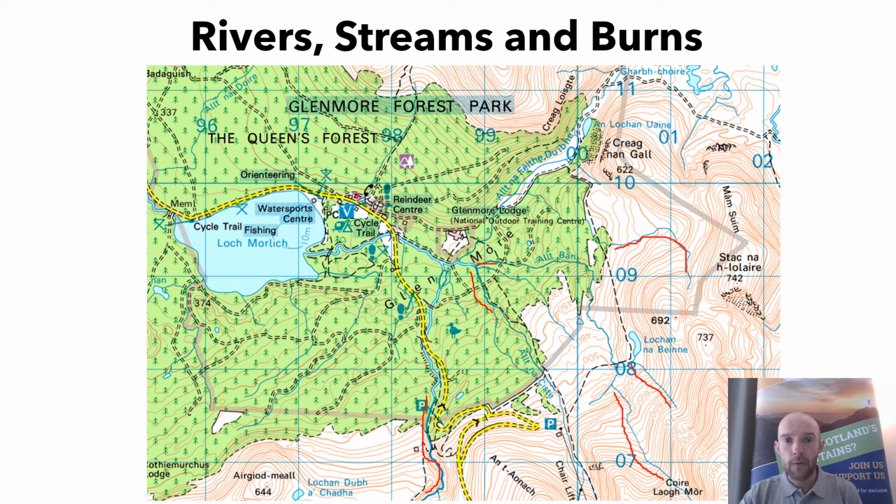And then further on down, once these are all joining together and increasing in scale and size, you get your rivers, which are these double blue lines here. That's because all this water is flowing down the mountains and increasing in size as it joins onto other streams, then forming the rivers and then into something big like a loch or heading on out to sea.